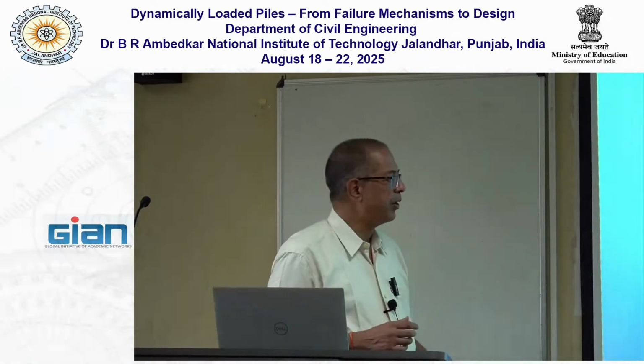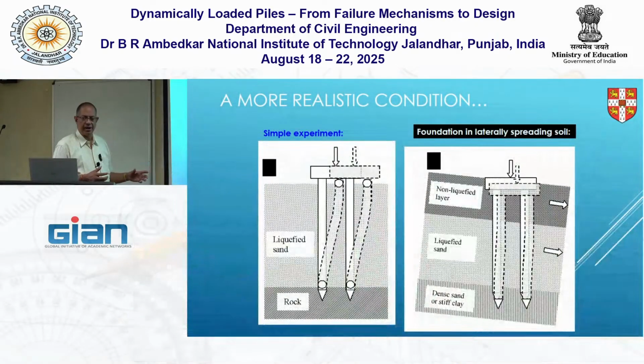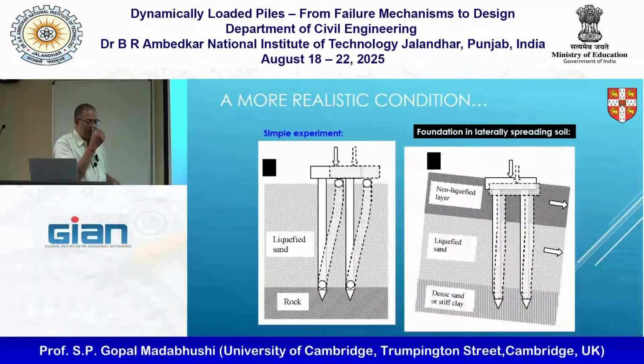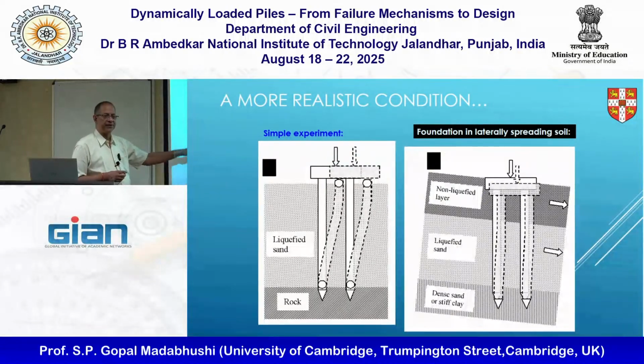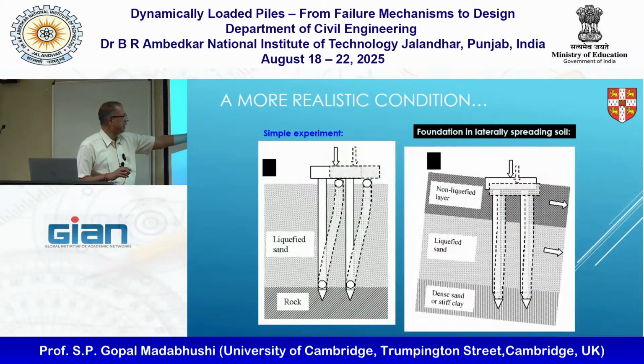So, one of the mechanisms we envisaged, as I said before, is to do with this four hinge mechanism. If it's a 2 by 2 pile group, there are two other piles behind it, but you can say that is a kinematically admissible mechanism, right? So the piles deform in the liquefied soil and the whole thing spreads that way.